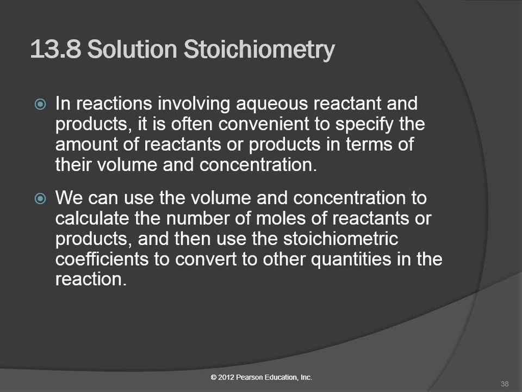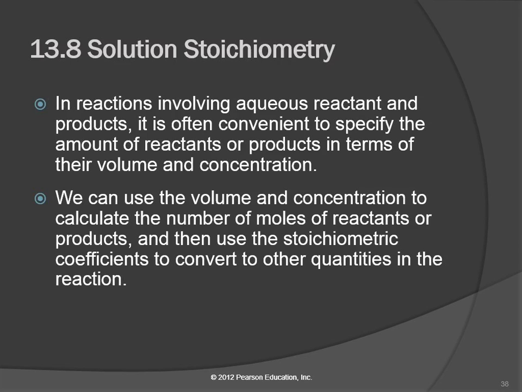So stoichiometry, grams to moles to moles to grams, is relating amounts of reactants and products through the chemical equation, right? If we have solutions as reactants or products, it's easier to think of them in terms of concentrations and volumes than in terms of masses.